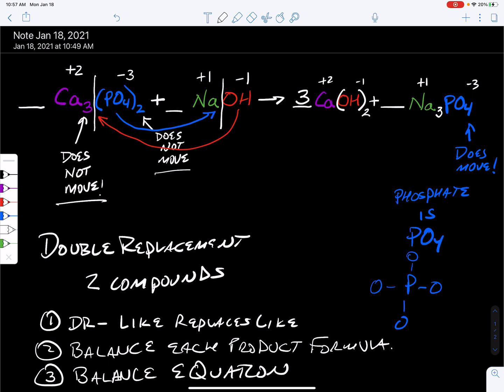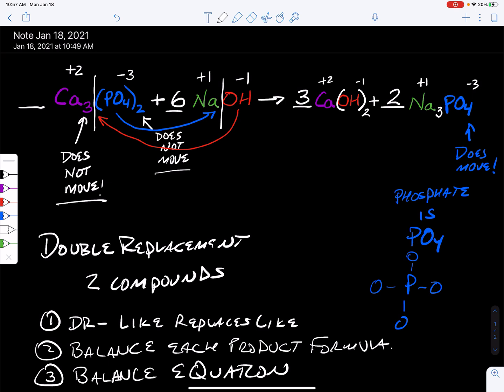So on the product side, I have 6 hydroxide. So I need 6 hydroxide on the reactant side. Well, that means I now have 6 sodium on the reactant side, so I need 6 sodium on the product side.